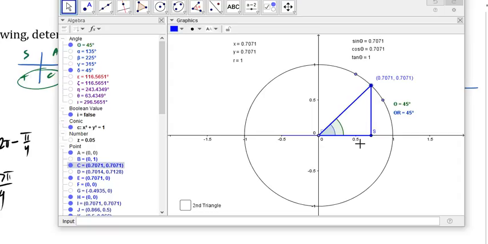So if this is my angle, it's x over r, or it's adjacent over hypotenuse. When will that equal 1? That ratio of adjacent to hypotenuse, when will it equal 1? When x and r are the same, or when adjacent and hypotenuse are the same, which is not a triangle, right? You can't have two side lengths the same in that situation, the same as the hypotenuse.